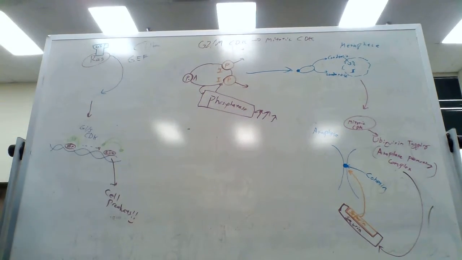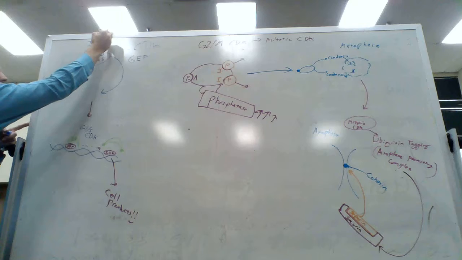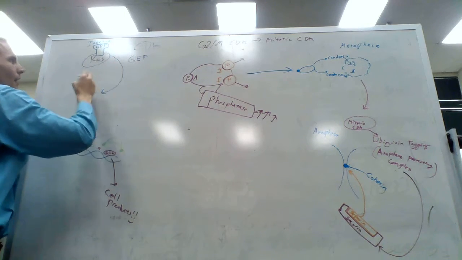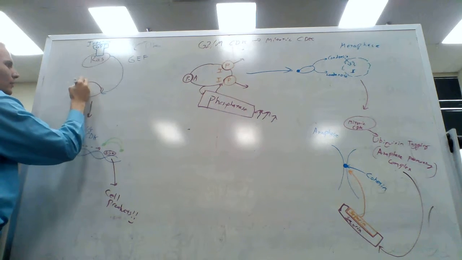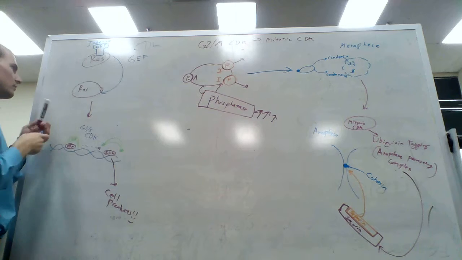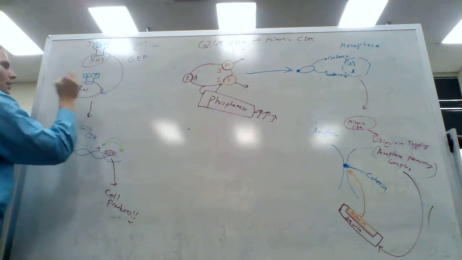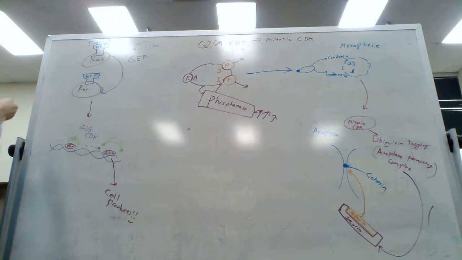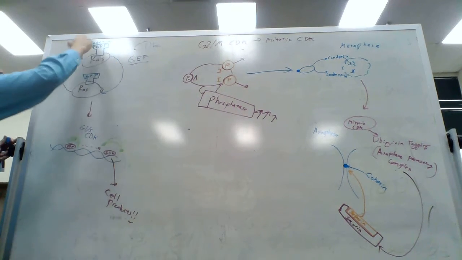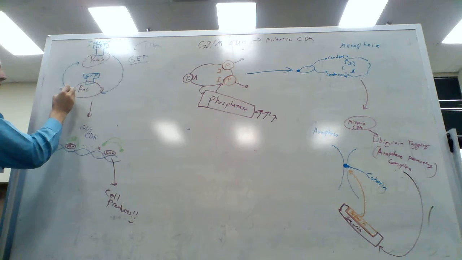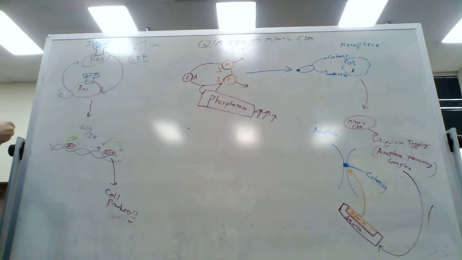I think, if I recall correctly, what she wants you to be familiar with is GDP means inactive. Yes. And then GTP means active. She will also want you to know that the GEF is what helps make the GDP go to GTP, but it is the Ras itself that is going to do auto-dephosphorylation.